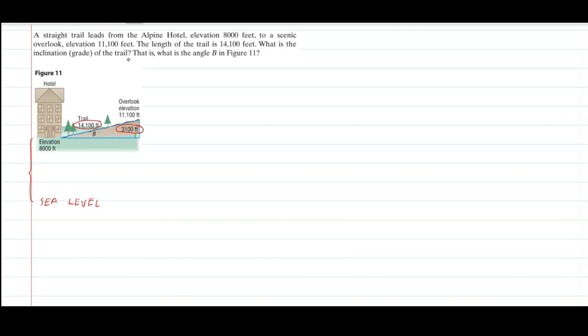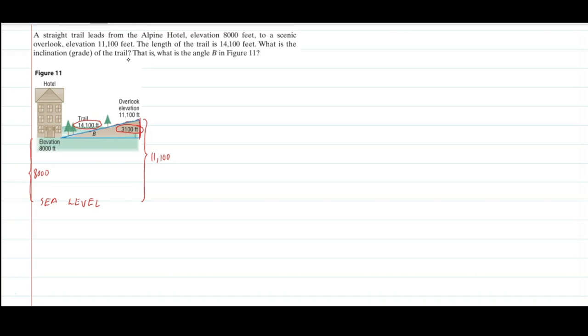Especially if it's a resort or a hotel, they're usually built on a higher ground. So the hotel is built 8,000 feet above sea level. The overlook is 11,100 feet above sea level, right? So this being 8,000 and this being 11,100, when you subtract the two, that's why we end up with a side of a triangle that's 3,100 feet.